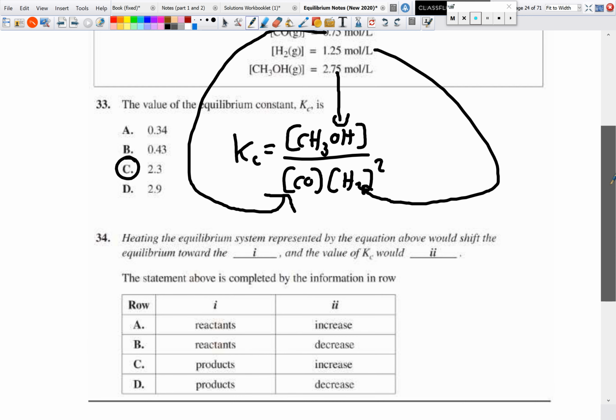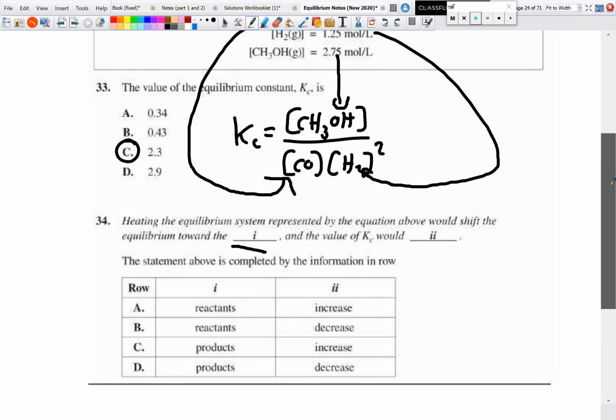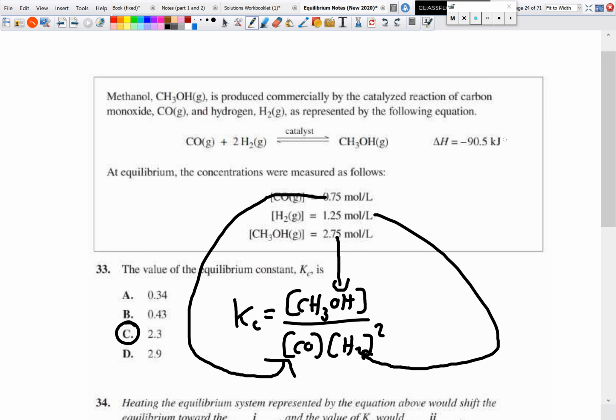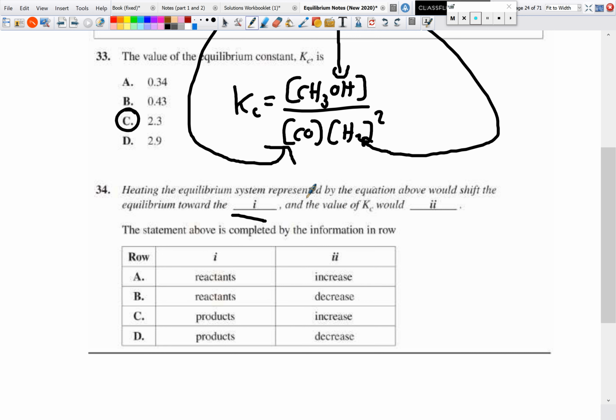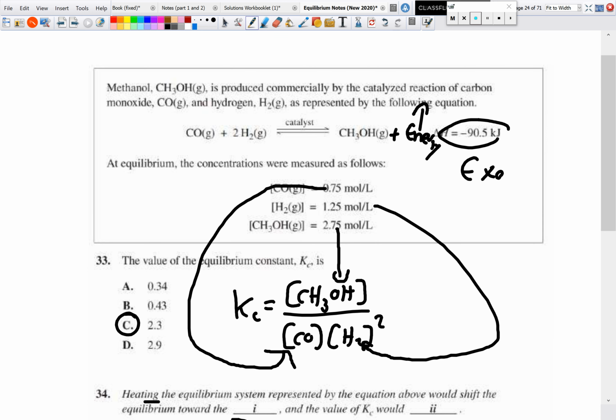And last but not least, heating the equilibrium system represented by the equation above will shift the equilibrium blank, and the value of Kc would blank. So we can tell this is negative, it's exothermic, so that means the energy goes here, right? It goes as a product. Now if we heat up, we're adding energy, that means it's going to shift away to produce more reactants.